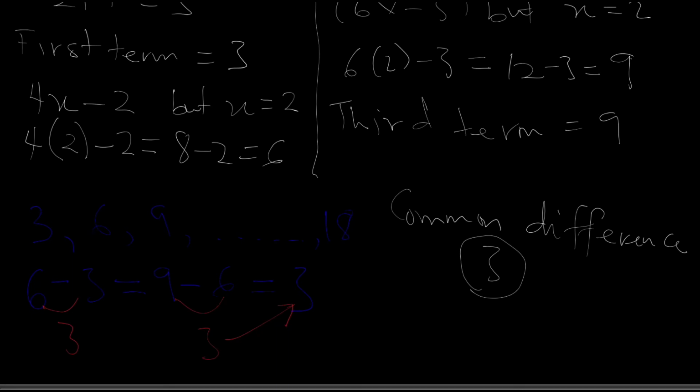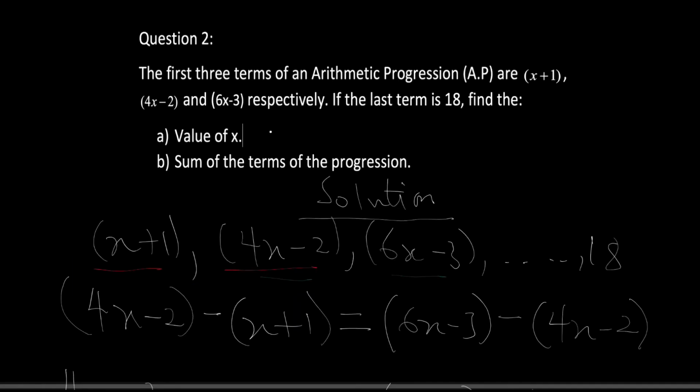So let's look at the question. Find the value of x, and we have the value of x. So now find the sum of the terms of the progression. That's B. So let's move on to find the sum of the terms.